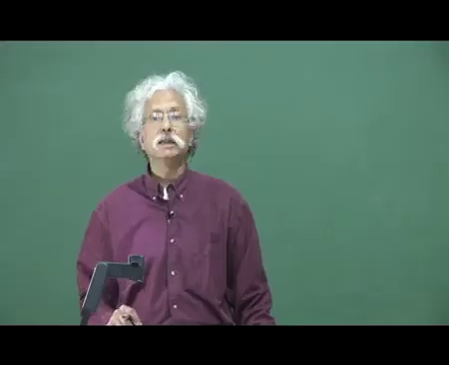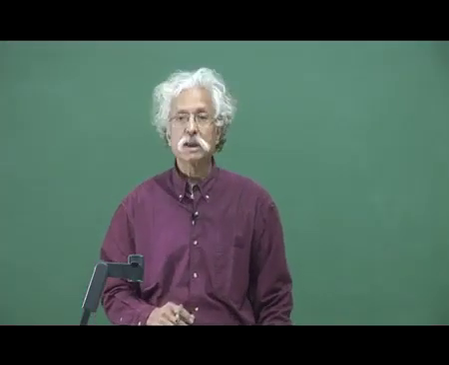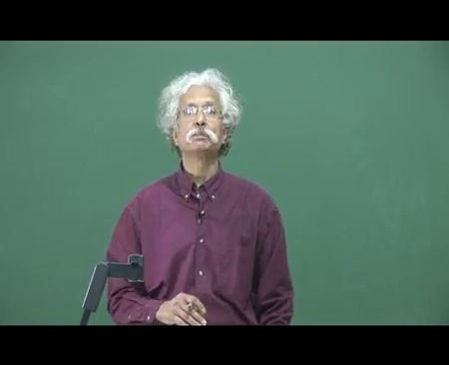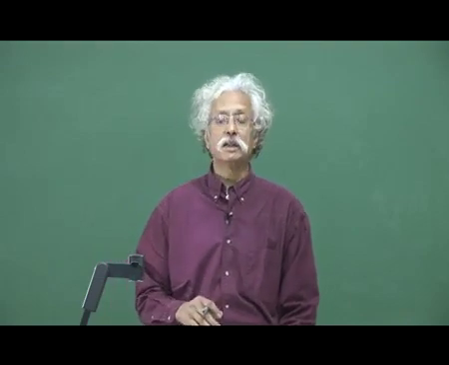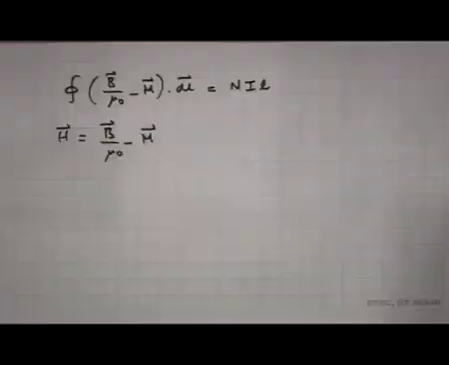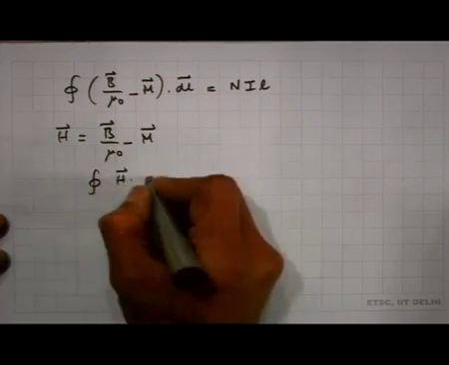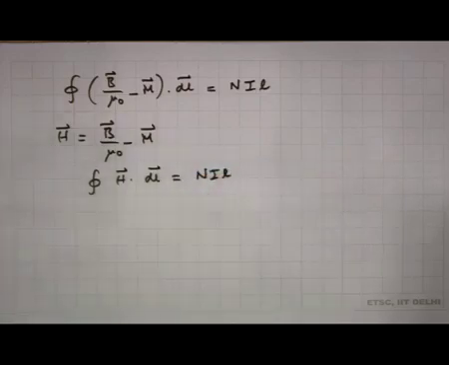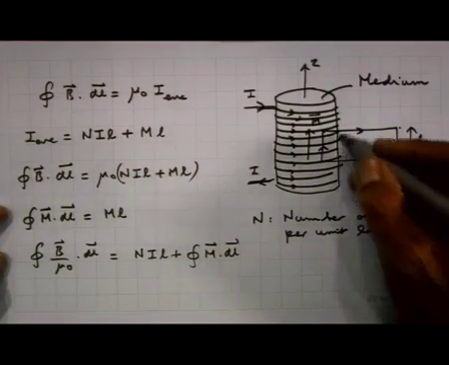Remember, in electrostatics, I had introduced a vector called the D vector, the displacement vector, which was related to the electric field and the polarization: epsilon 0 E plus P is equal to D. Similarly, I introduced a new vector called the H vector, which is B by mu naught minus M. So, this equation simply gives me the integral of H dot dl is equal to nIL. And what is nIL? nIL is nothing but the free current passing through this loop.